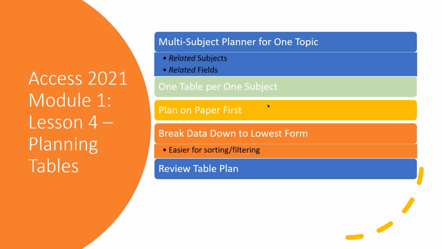One thing you want to do is plan your tables on paper first. And when you're planning your tables, think of what you want to name the table, as well as what fields are going to be in the table. And you want to break your fields down to their lowest form. So in other words, you don't want just one address field in, for example, a customers table.